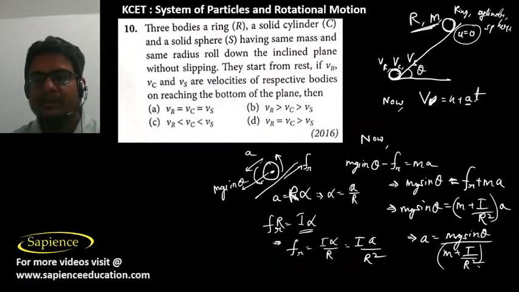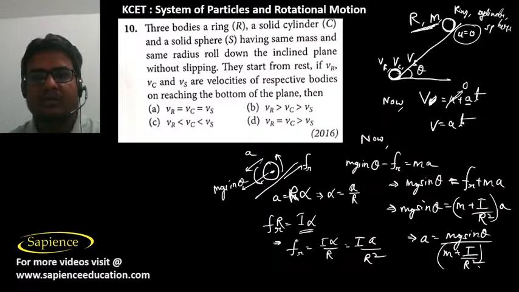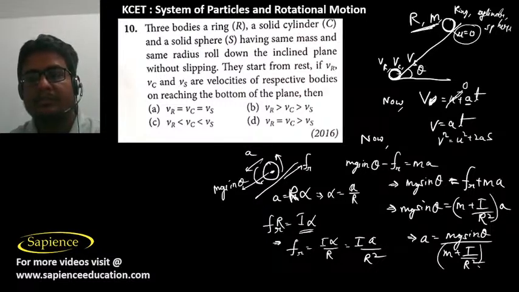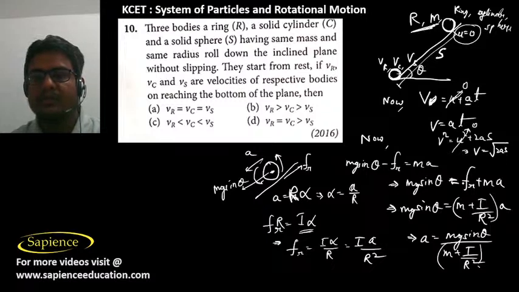Here the initial velocity is 0 only. So v square equals u square plus 2as. The displacement for all of them will be the same, that is s. Since u is 0, v will be equal to root over 2as. So the final velocity is proportional to root over a.